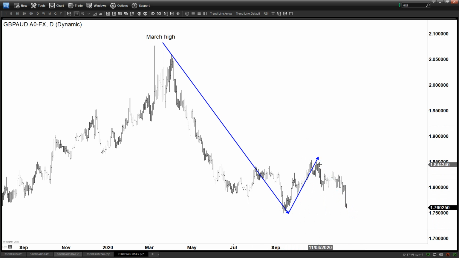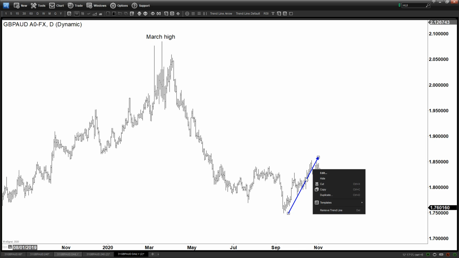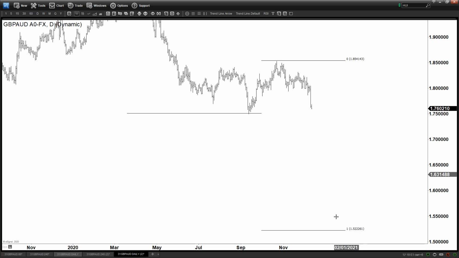A break below here should open up a bearish sequence from March, because you can get a lower low, and that should open up a lot more downside. It's not going to be a shorter cycle type of move, but potentially it can extend all the way to the next 100% at least, right? It can go all the way to this.